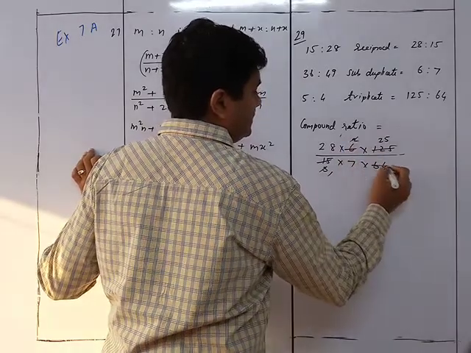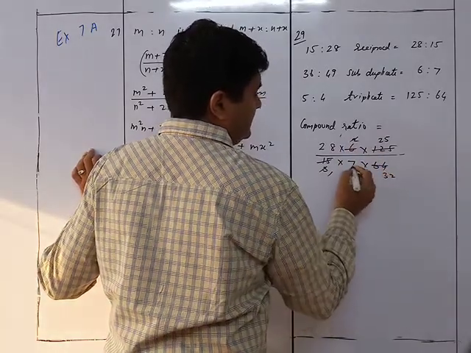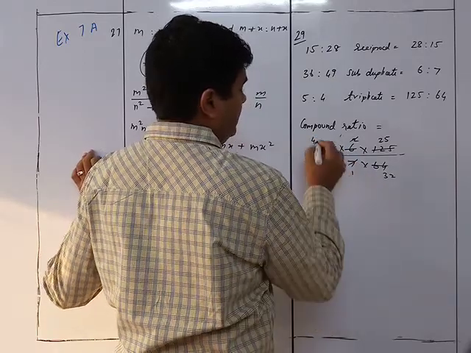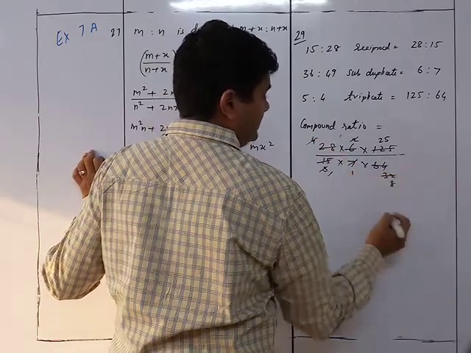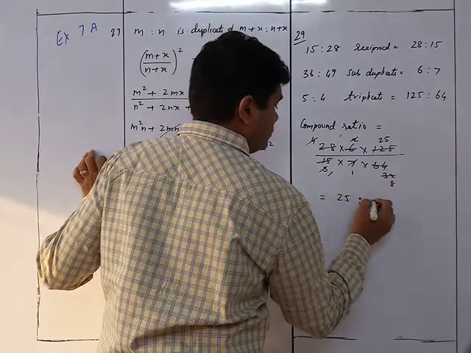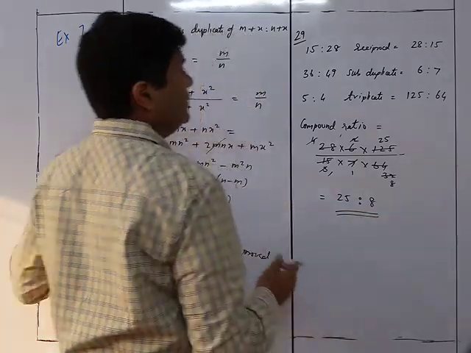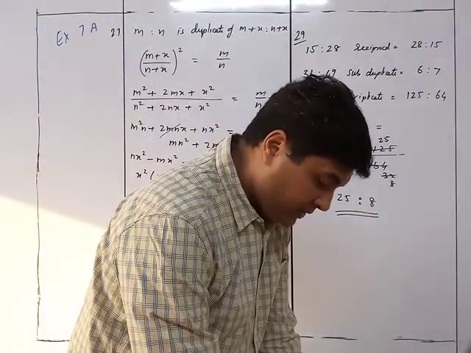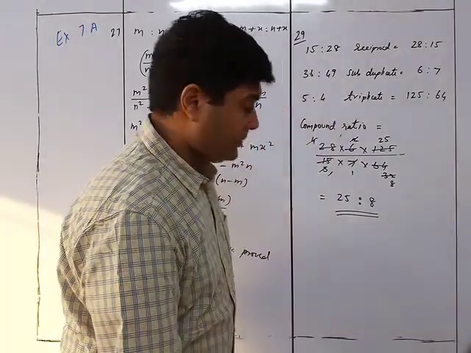Then 2s are 4, 32s are 64. 7s are 7, 4s are 28. 4s are 8s are. So this is going to be 25 is to 8. That's the answer of sum number 29. You see, sum 29 is 25 is to 8.